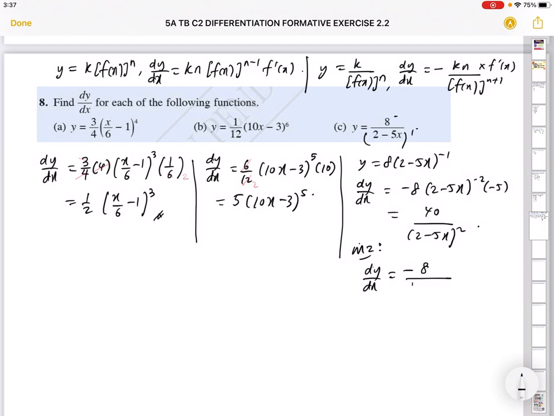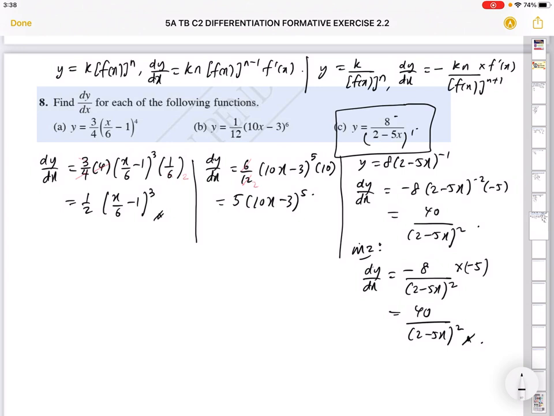You copy the bracket. Instead of reducing the power, we increase the power by 1, so this will be 2. Then I differentiate inside the bracket. I have a negative 5 there, so it's 40 over (2 minus 5x) squared. This method is actually better, because you don't have to bring the power up, differentiate and bring it back down. We can just do it in one shot.